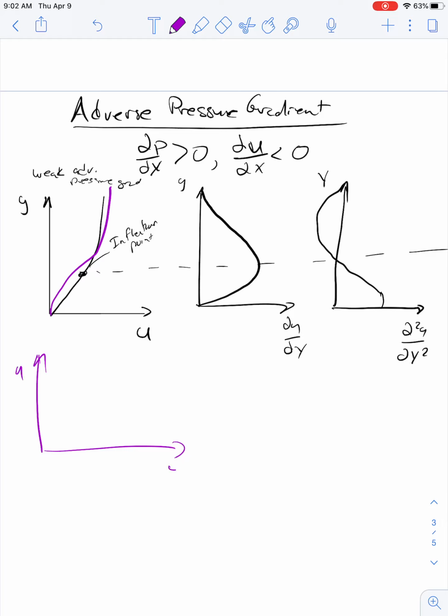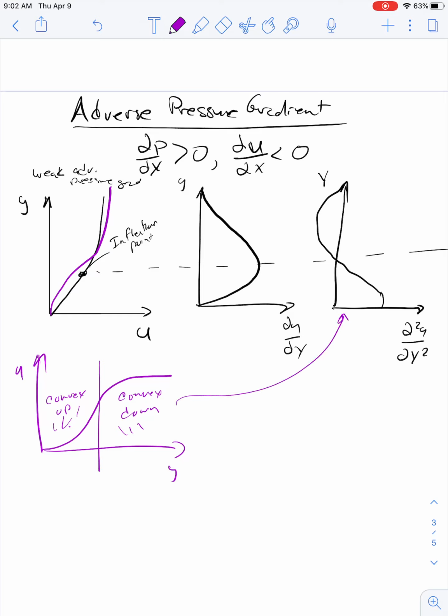If we plot this like I did before, now we have u versus y, just to make it a little bit clearer. It's doing this kind of a thing. Here, this is convex up. Convex up means you're going to have a positive second derivative, and this is convex down, meaning you're going to have a negative second derivative.